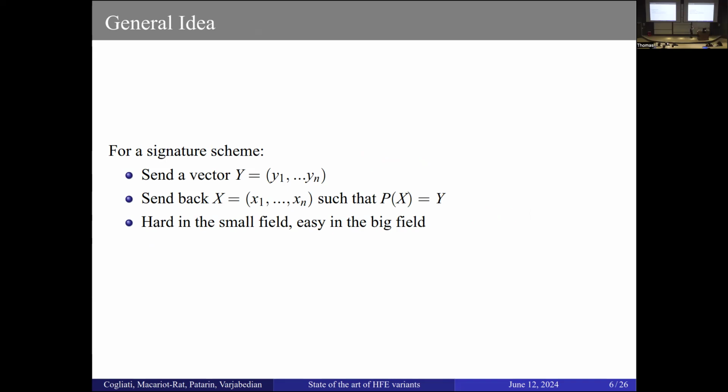But overall, you are given a vector y, and you're trying to find a solution x1, ..., xn such that P of x is equal to y. It is hard in the small field because you have to solve what looks like a random quadratic system of polynomials. But in the big field, it is easy because, as I said, you just have to find roots of a polynomial.